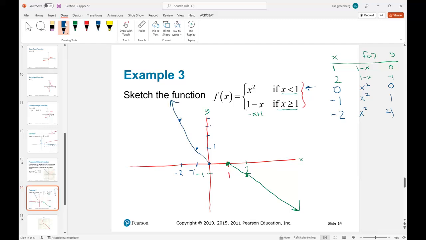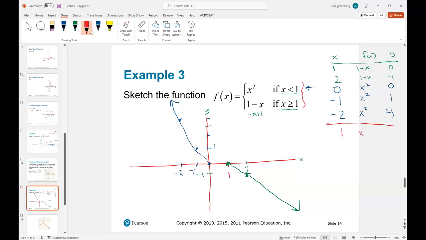Okay. The only problem is I don't know what's happening between 0 and 1 because I've just picked whole numbers, right? So what I want to do is pick 1 again because that's the transition point, right? It's doing something when it's greater than or equal to 1. It's doing something when it's less than 1. So I need to go all the way to 1.